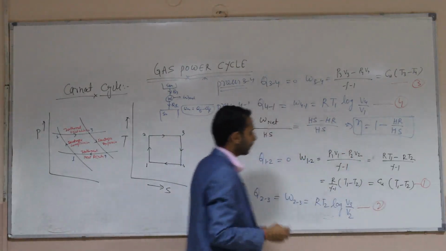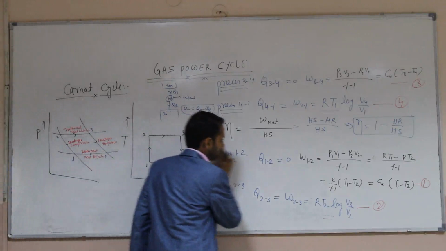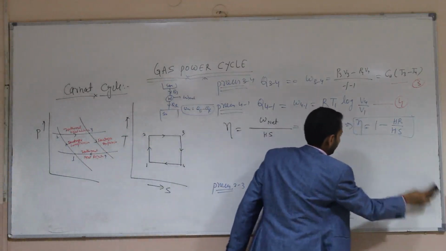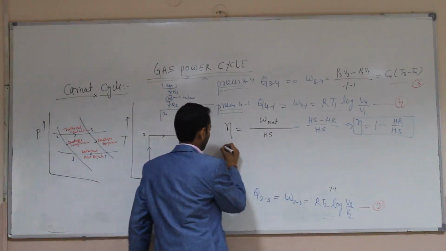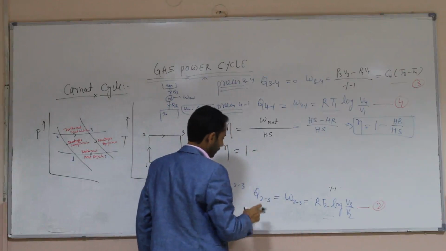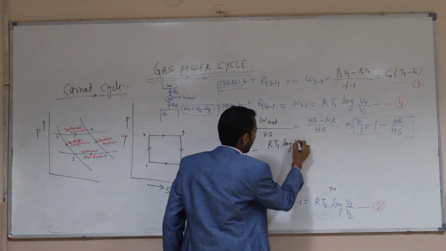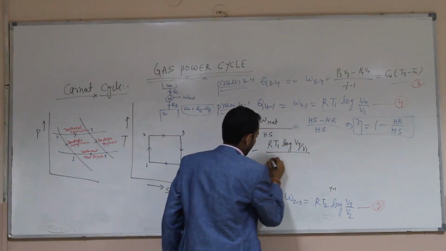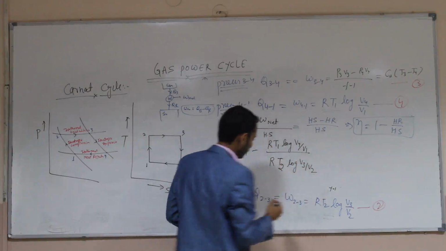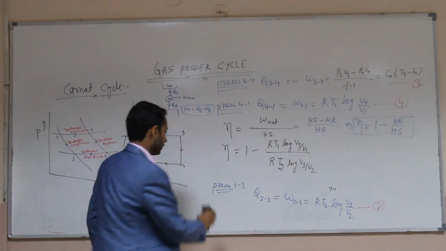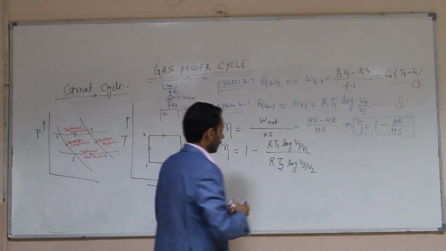So now put these values in our equation. Efficiency is 1 minus heat rejected, that is R T1 log V4 by V1, divided by R T2 log V3 by V2.